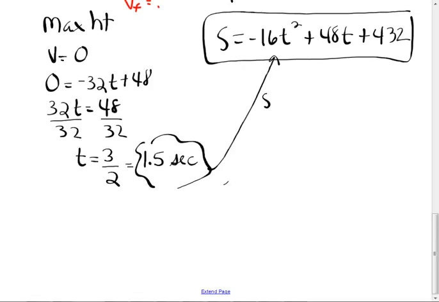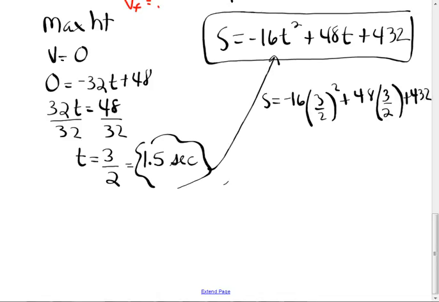And if this were a free response question, you could leave it just like this. Actually, I prefer negative 16 times 3/2 squared plus 48 times 3/2, because I don't have a calculator handy, plus 432. Want to do it? I don't know what the answer is. I have to do it. So this is negative 16 times 9/4 plus 48 times 3/2 plus 432.